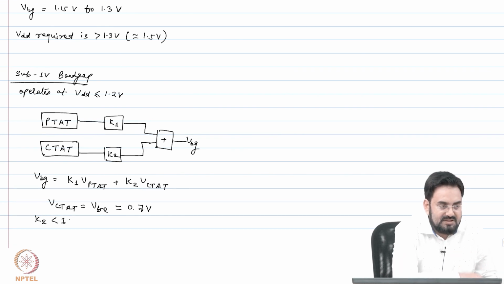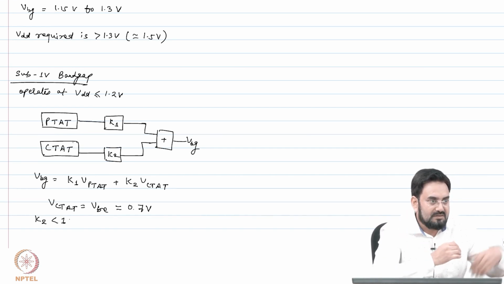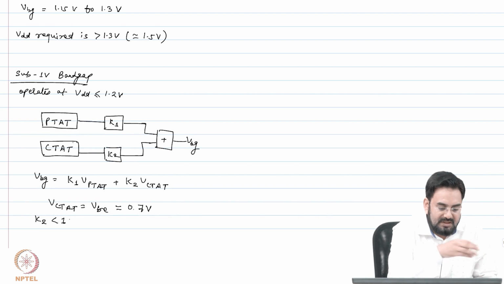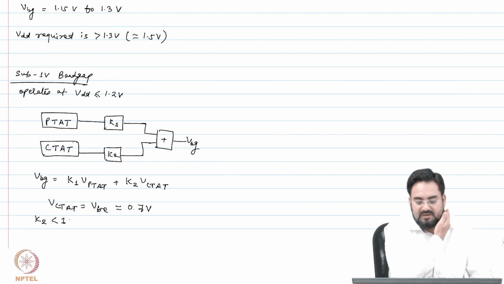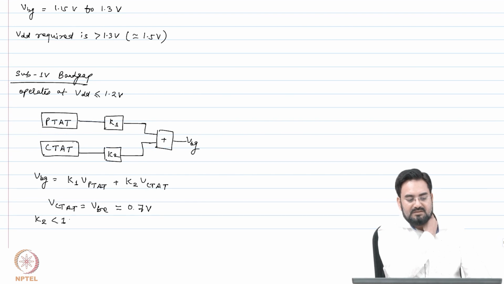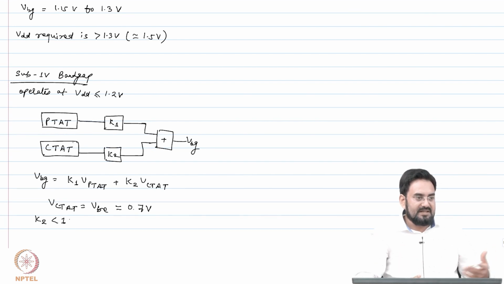The most important thing is choosing the K2. Then you choose K1 accordingly, because you want to match the slope. K1 will be determined by the slope of your CTAT. So, you can design it for any voltage, accordingly you choose K1, K2.